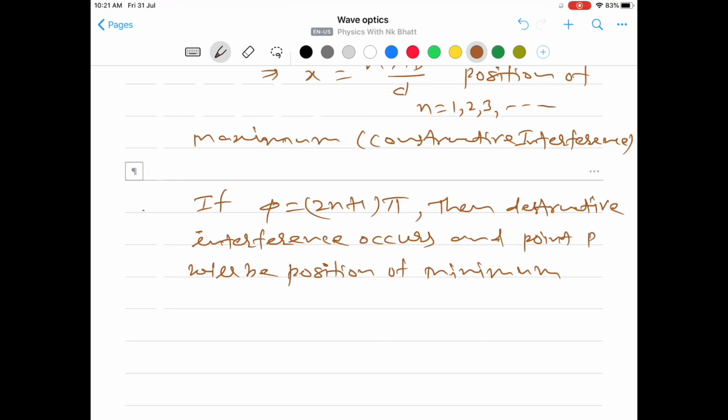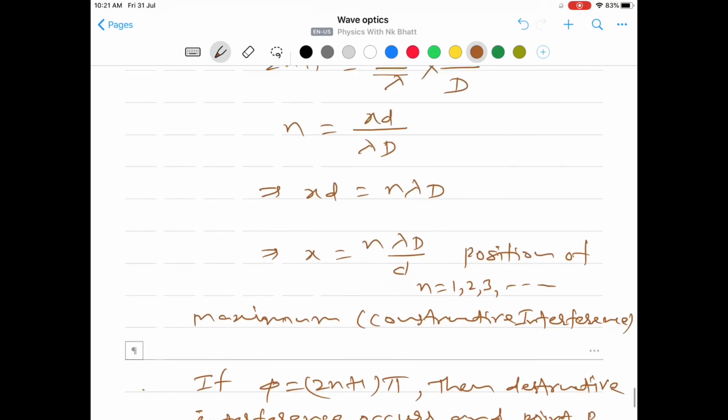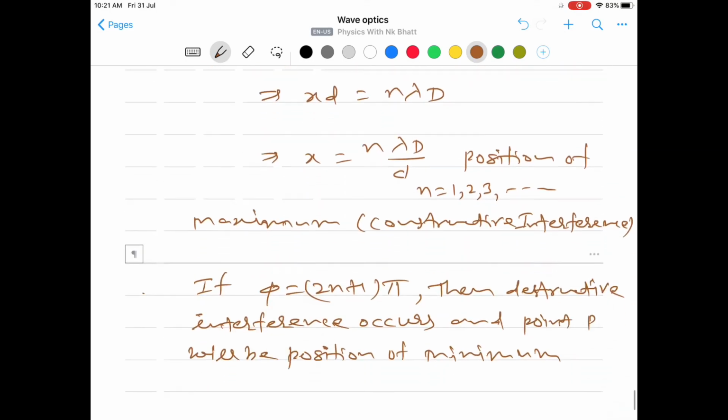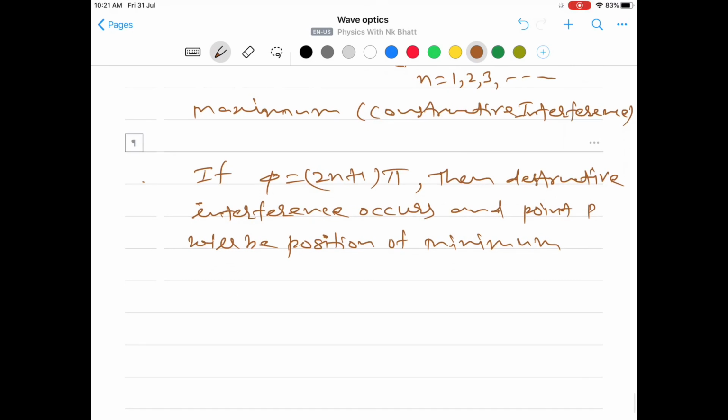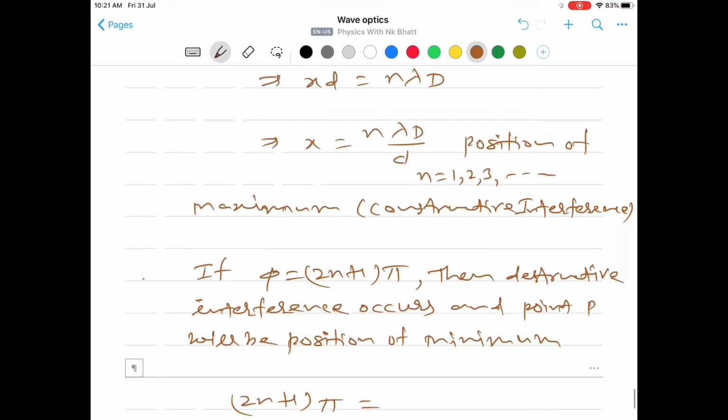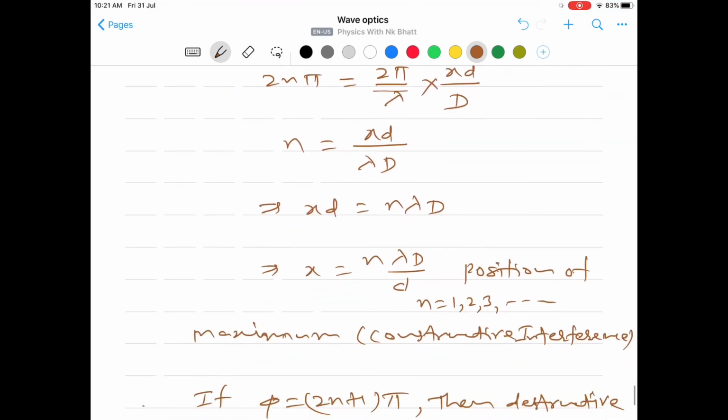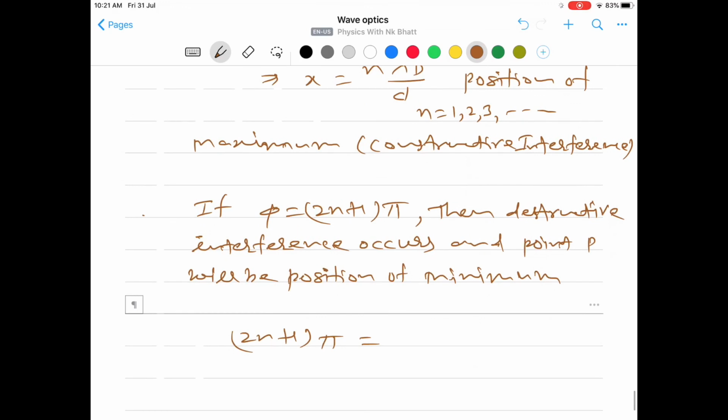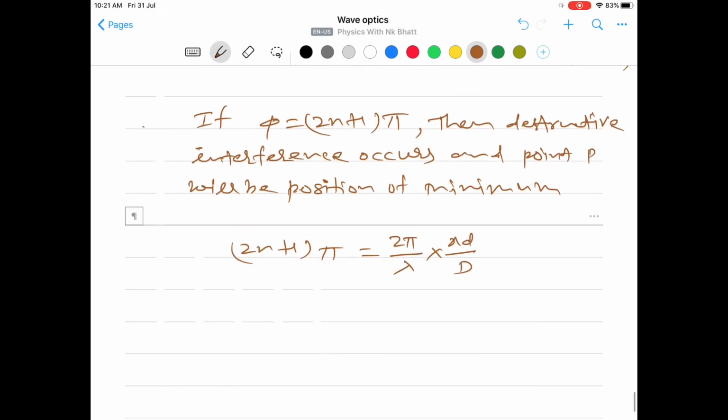In that case, we will have (2n plus 1) into pi is equal to 2 pi by lambda into xd upon capital D.